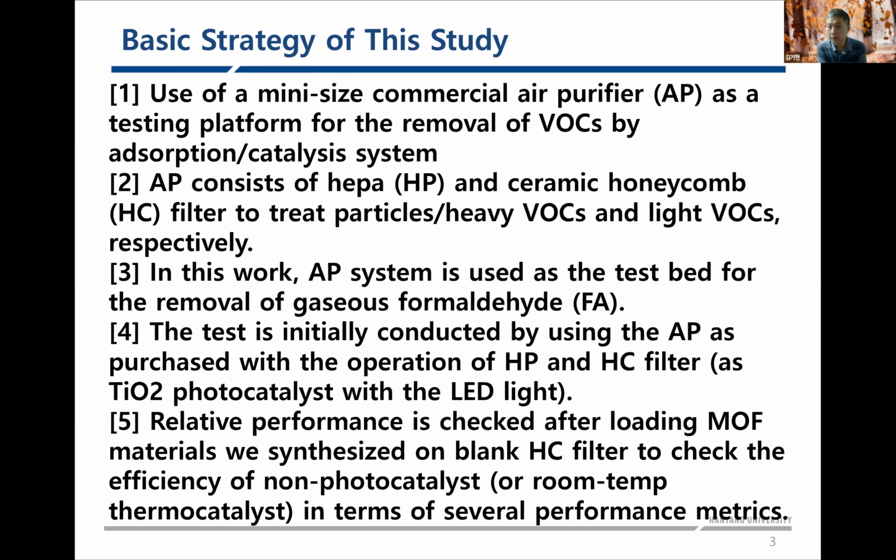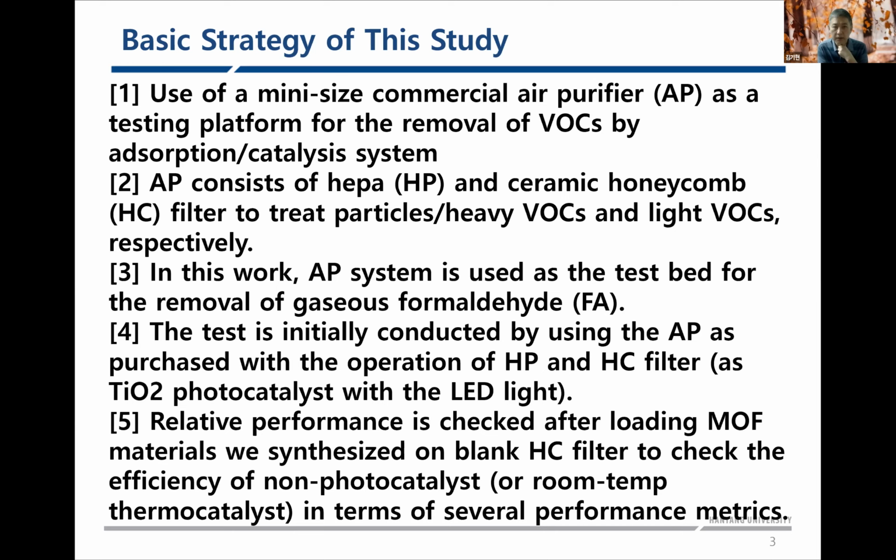However, as activated carbon is not good for treating lighter VOCs like formaldehyde, we need some additional supporting system, like a honeycomb filter treated with titanium dioxide as a photocatalytic treatment system.